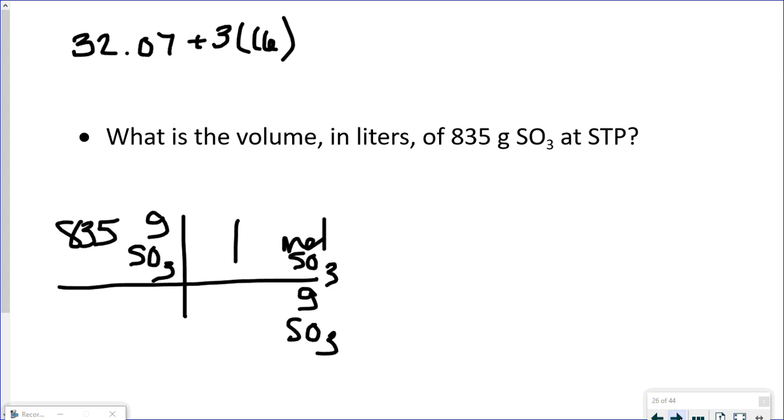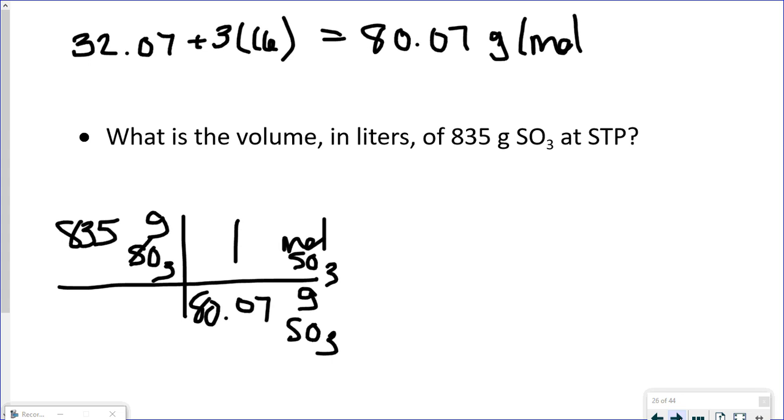If we add those in the calculator, we get a molar mass of 80.07 grams per mole. So remember, that goes in as our conversion factor, and that always goes with grams, so that number will be on the bottom.